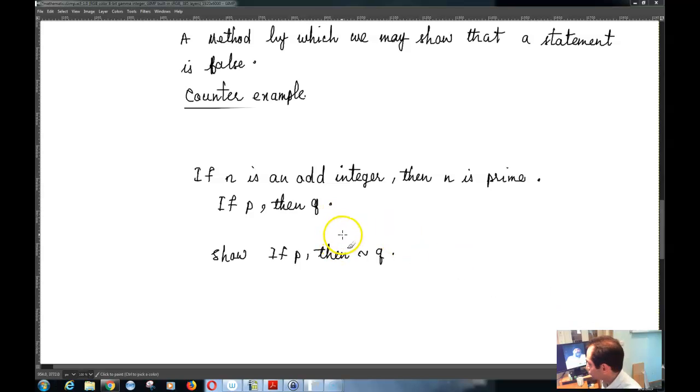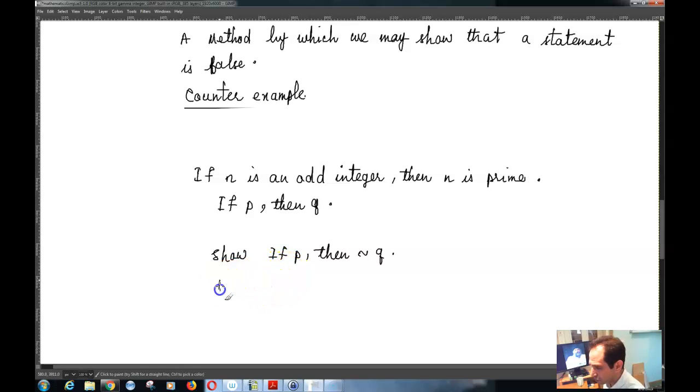So in order to show this, we look for an odd integer which is not a prime number. So then, for example, you could go for 9.